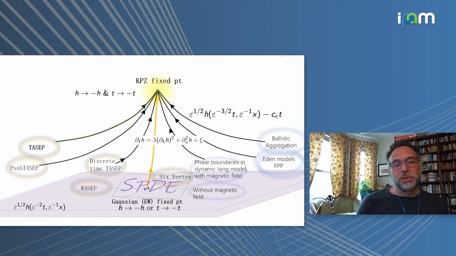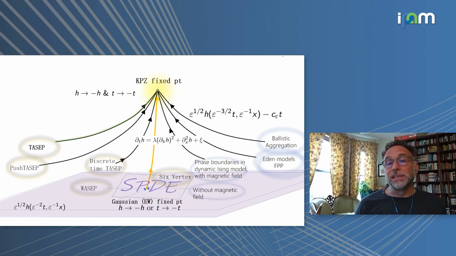And TASEP, which is over here on the left, is one of the models which is supposed to be sucked into the KPZ fixed point. And I wrote a little green line because we can prove it. And what's supposed to be true is that all sorts of other models, like ballistic aggregation, Eden models, phase boundaries of dynamic Ising models, as long as there's a magnetic field, so there's a phase which is stable and an unstable phase, are supposed to be sucked into this universal KPZ fixed point.